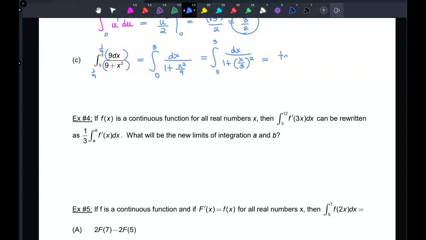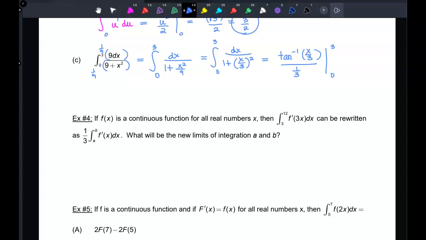So it's going to be tangent inverse of x over 3 divided by 1/3, evaluated from 0 to 3. So notice I didn't end up writing out the u. Now you could do this like the previous ones where we did let u equal x over 3, find du, right? But I see the derivative of the inside is a constant, so I can just do this one.